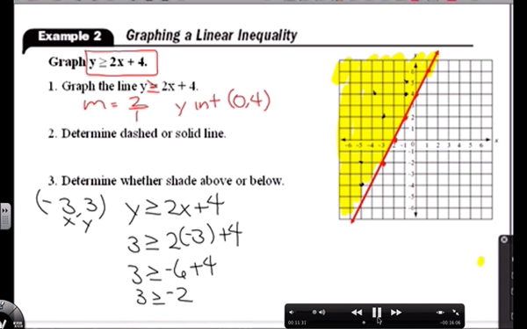No, you look at the symbol that's in the inequality. This says greater than or equal to, so you shade above. Greater than is above, less than is below. You might want to write that in your notes. Greater than is above the line, less than is below the line.